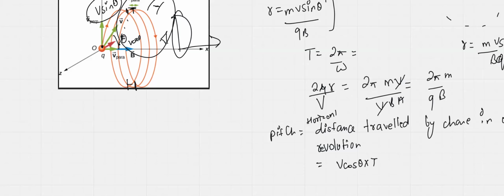What is the time period? 2 pi m times v cos theta divided by qB. Kirtana, is that clear? Yes, clear, right? Any doubt on this topic? No doubt, right? Okay.